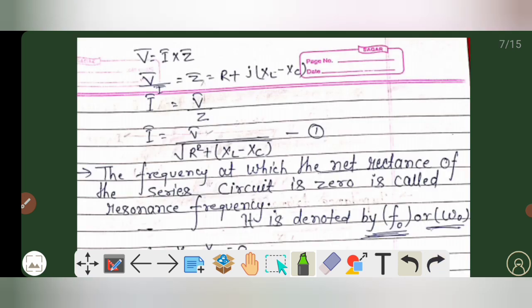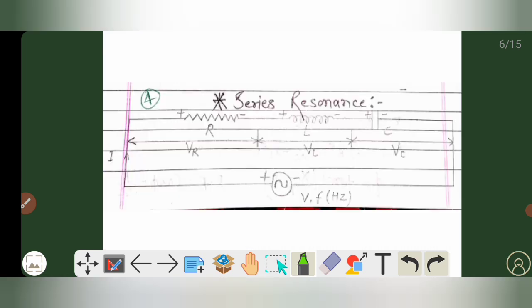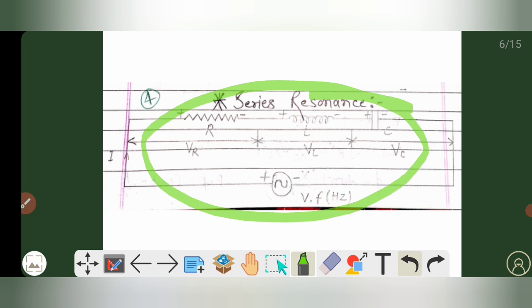Now my dear friends, as we know, voltage is equal to I into Z, where I means current and Z means impedance. So V by I will be equal to Z, and in the case of the series RLC circuit, we have shown that Z will be equal to R plus j(XL minus XC). One point to be noted here is that this circuit is totally the same as the series RLC circuit which we discussed just earlier.